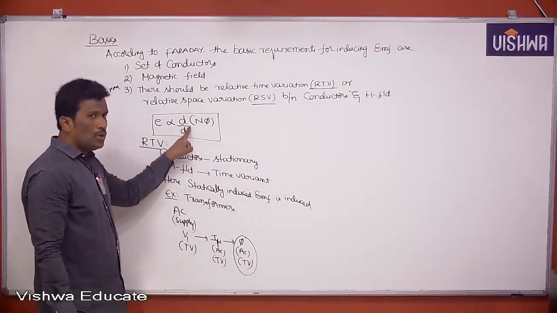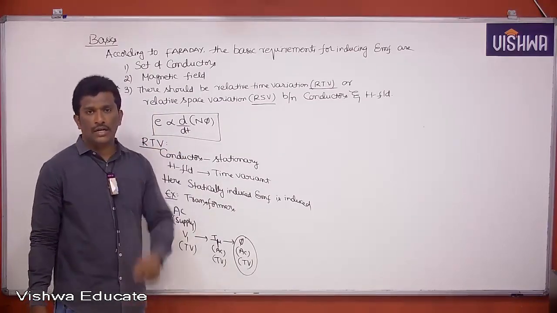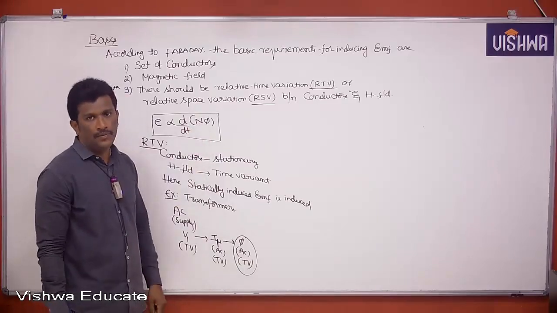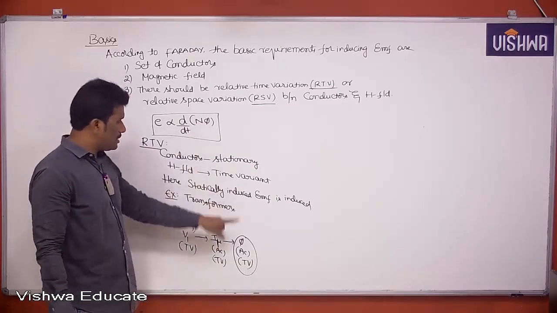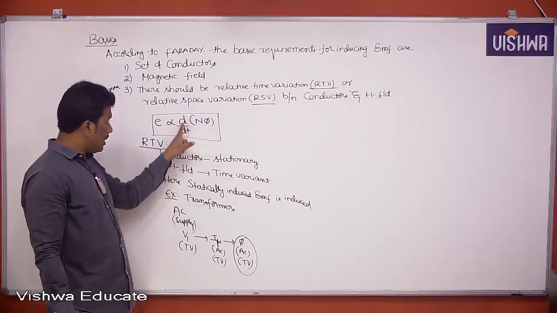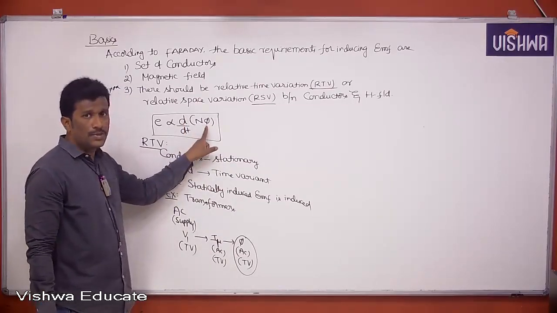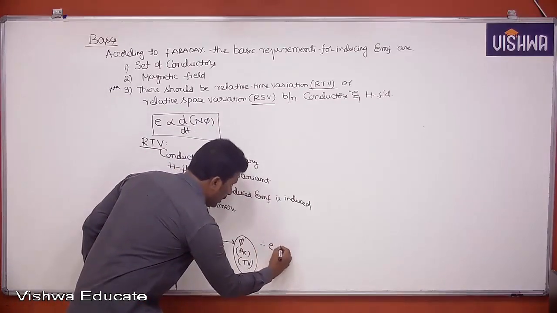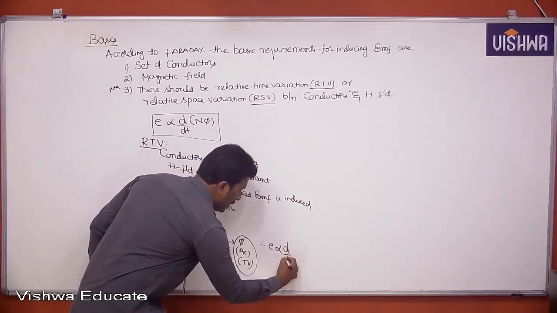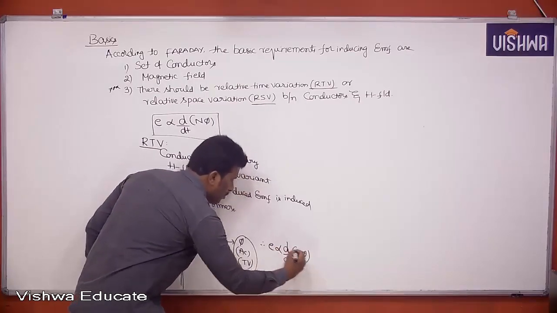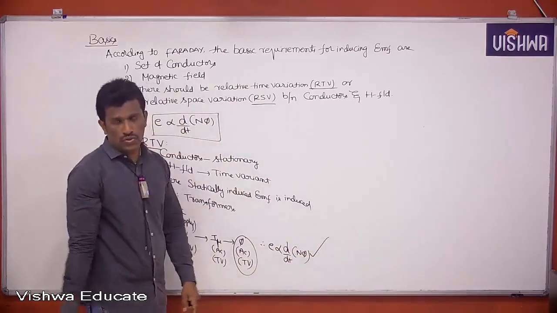As I told you, for inducing EMF in a conductor, rate of change of flux linkage should be there. Here phi is AC, time variant flux. Is rate of change of flux possible here? It's possible. Therefore E is proportional to d by dt of N phi, rate of change of flux linkage, which is possible here. So EMF is induced.